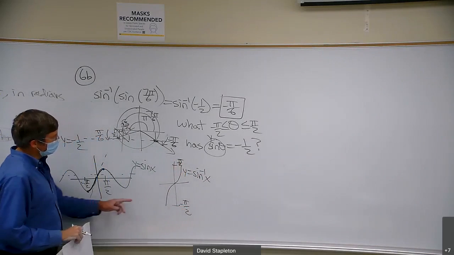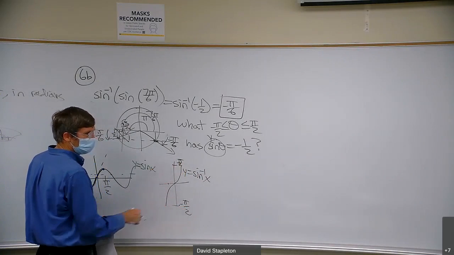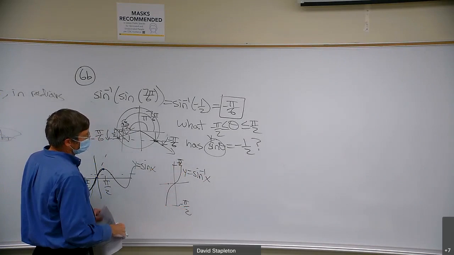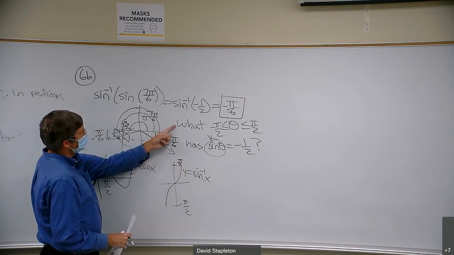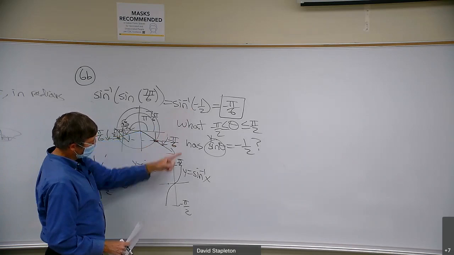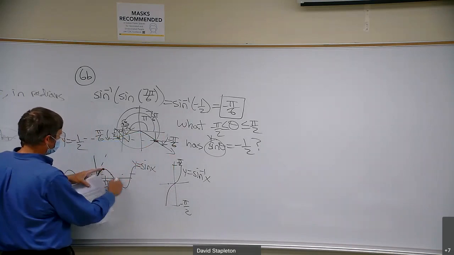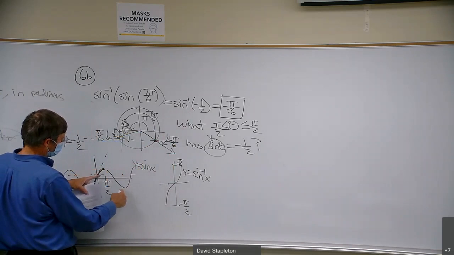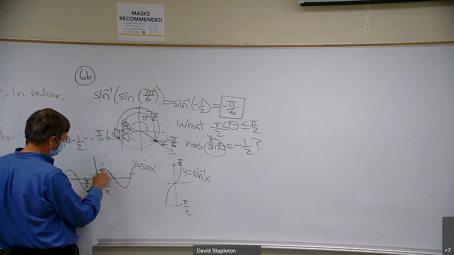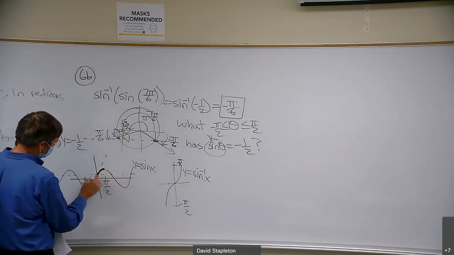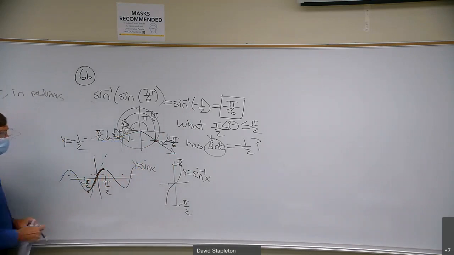But that means that every number I put into the arcsine function will give me out an angle between plus and minus pi over 2. That's what this does. It asks the question, what angle has this sine? But the angle can only be between plus and minus pi over 2. If we would have picked this piece of the function, we always get an angle between pi over 2 and 3 pi over 2. So it just depends on which piece we picked and what everybody picked and agreed on us to do between those.